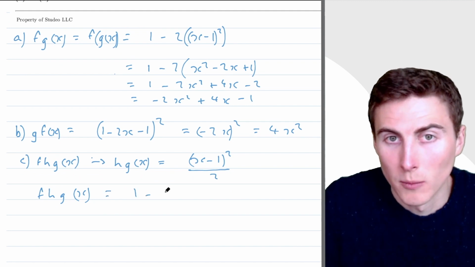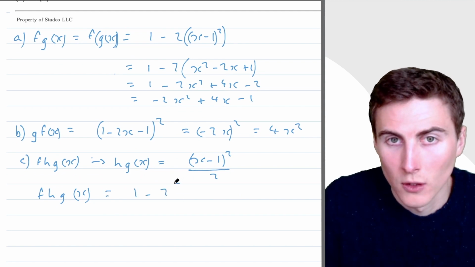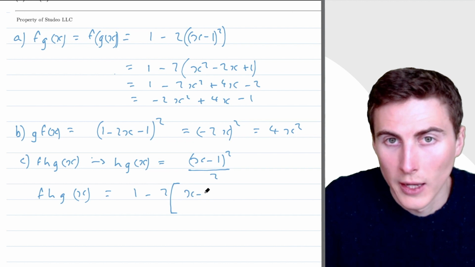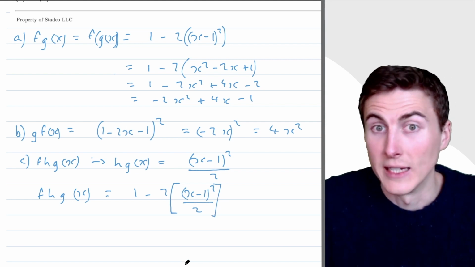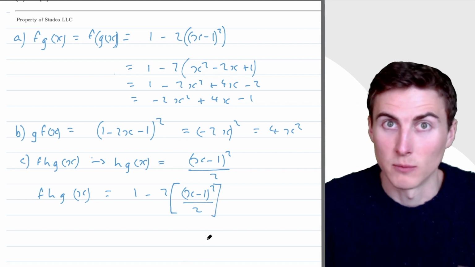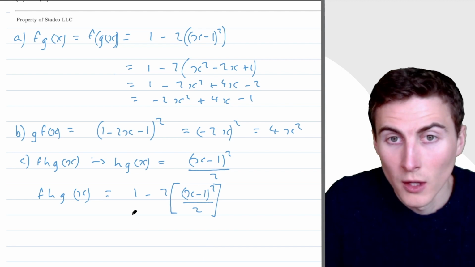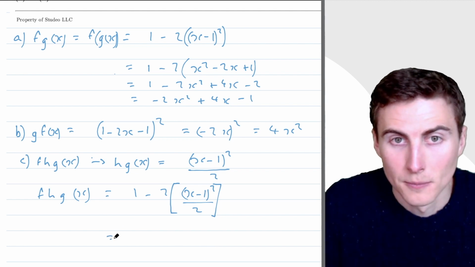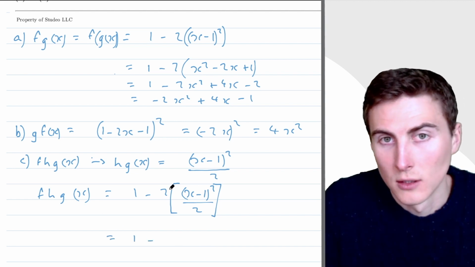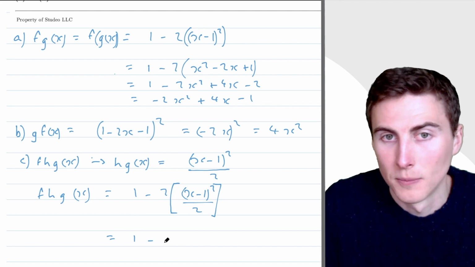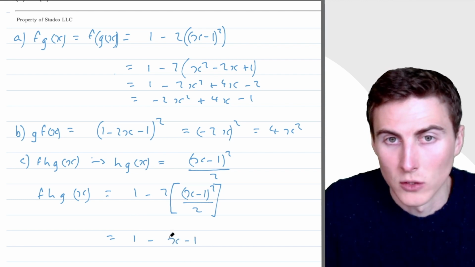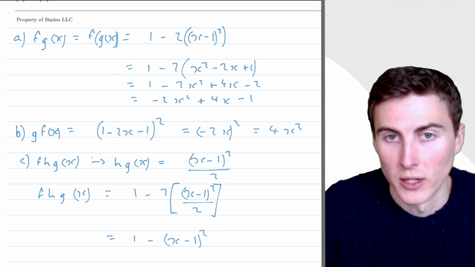That means 1 minus 2 sets of x minus 1 squared over 2. You don't really need the big square brackets there, but it makes it a bit easier. If we simplify that, this 2 will cancel out, so it'll just be 1 minus x minus 1 squared.